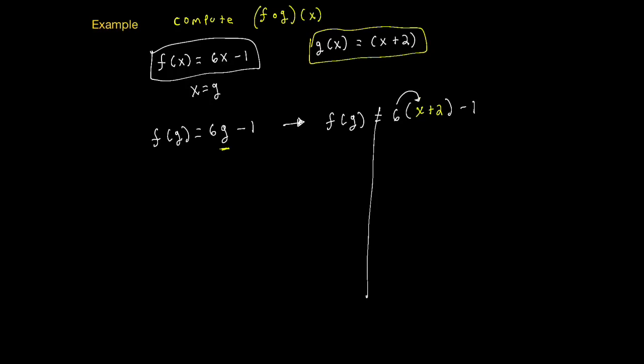So 6 times x is 6x, 6 times 2 is positive 12, and then we have that negative 1 at the end. We can combine like terms. Here the constants are common terms, so we're going to get a total of 6x, and then 12 minus 1 is 11. So f of g is going to be 6x plus 11.